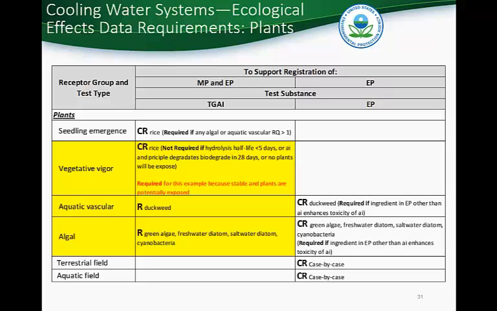The use of the technical grade active ingredient here for both the vegetative vigor and seedling emergence test is a technical change from the typical end-use product, which is currently listed in the Part 158W non-target plant data requirement tables.